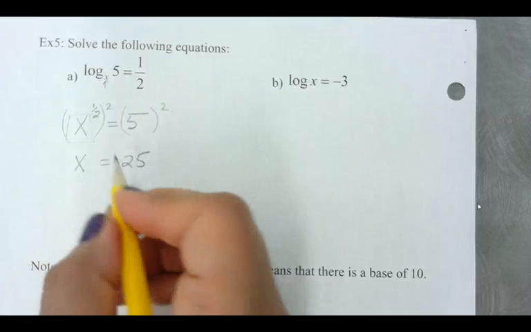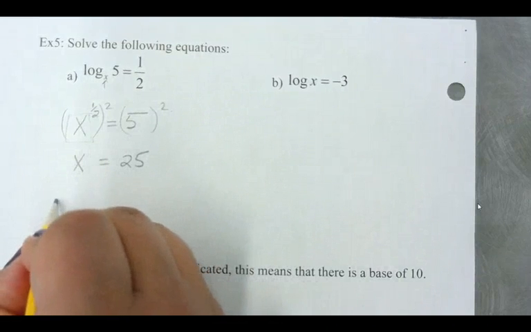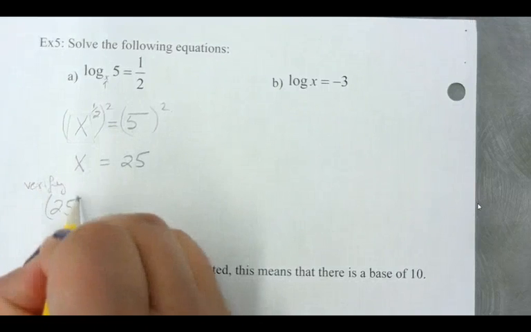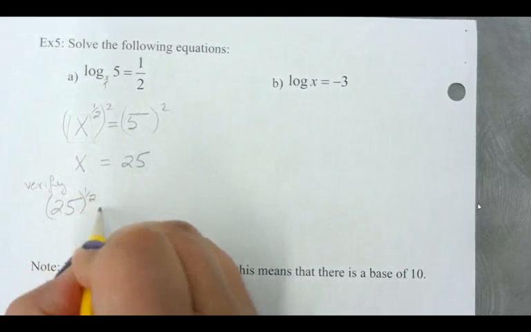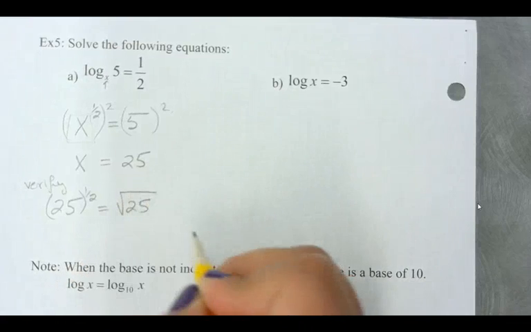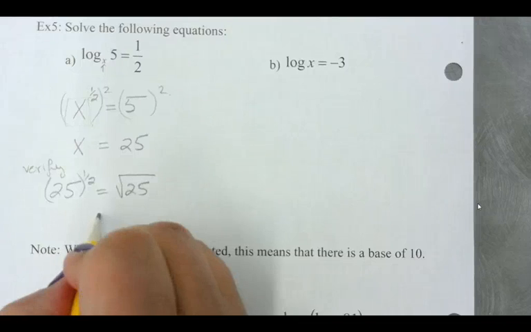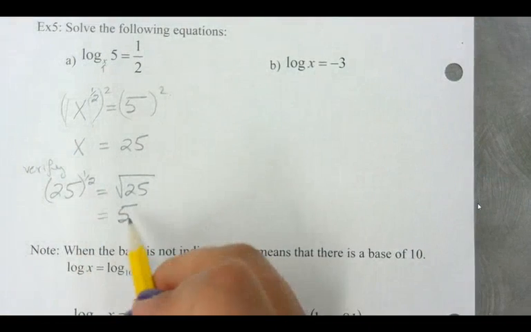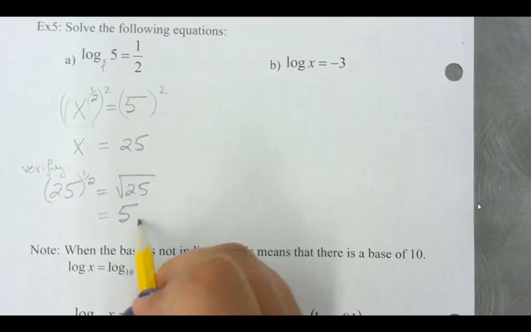Okay, and then let's verify that. What is 25 to the power of 1/2? That's the same as writing the square root of 25, right? And then what is the result of that? 5. So do I end up back at what I should? Yeah.